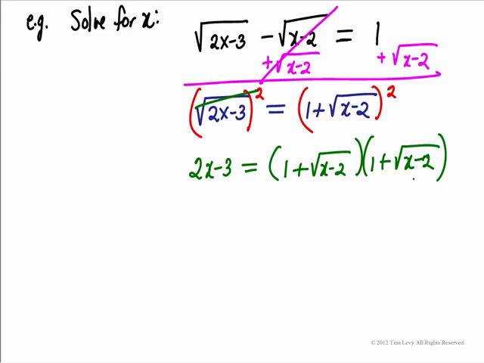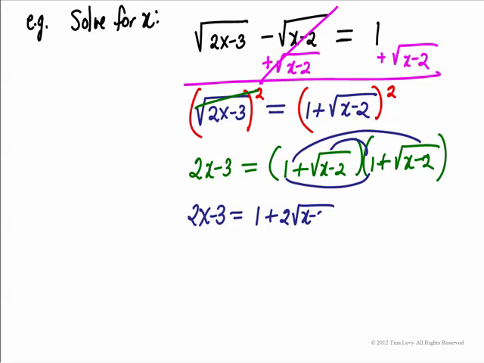In doing this, we will see that we are going to have to use the FOIL in order to simplify that quantity squared. We have 2x minus 3. We're going to have to FOIL. We get a 1. Then we get one radical plus another radical. We've got 2 radical x minus 2 plus now the last, the radical times the radical is x minus 2.